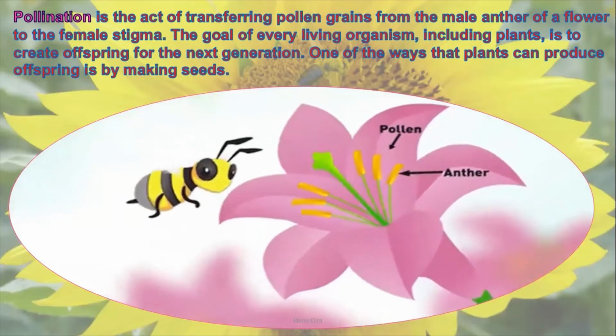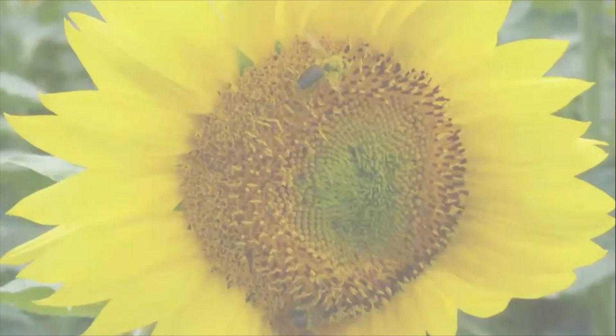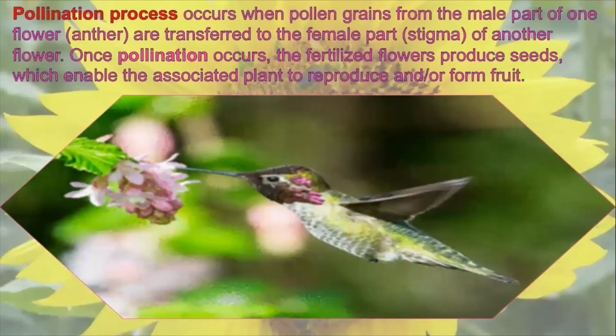The process of pollination is where the pollen grains from the male part of one flower, that is anther, are transferred to the stigma, that is the female part of another flower. It could be of the same plant or of another plant.